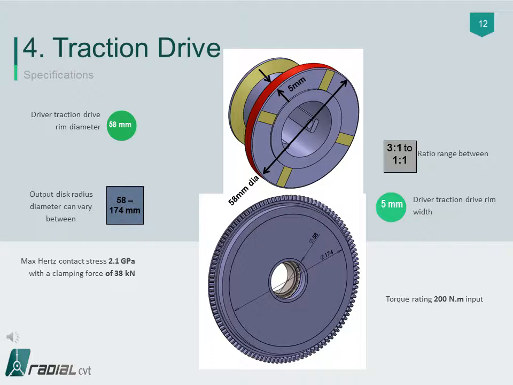The simulated traction drive interface results in a predicted 95.5 to 97.5% traction drive efficiency. Prototype tests on the Gen 1 radial CVT have produced slip results of 2 to 2.5% slip at maximum traction coefficient, which supports the above predicted traction drive efficiency.